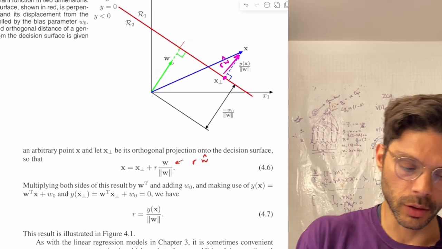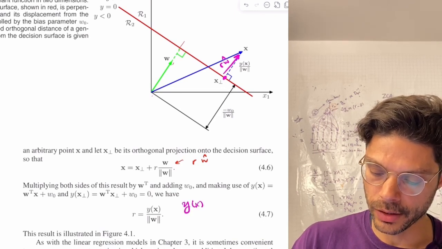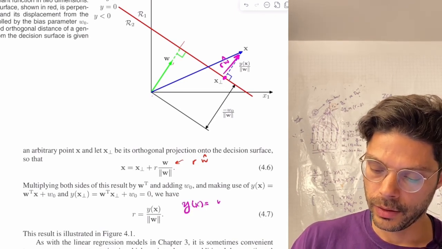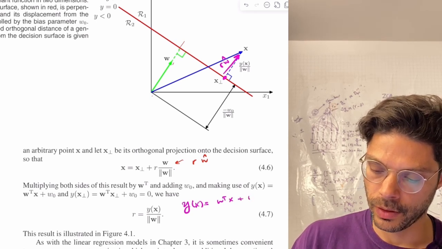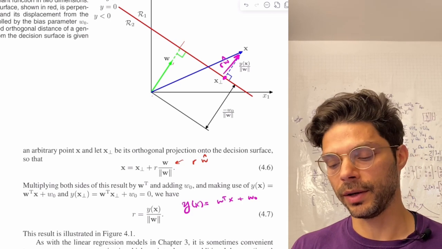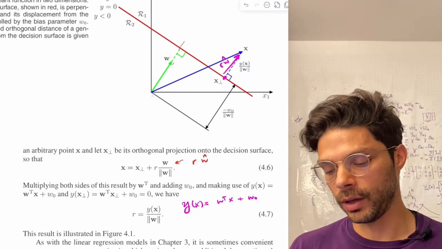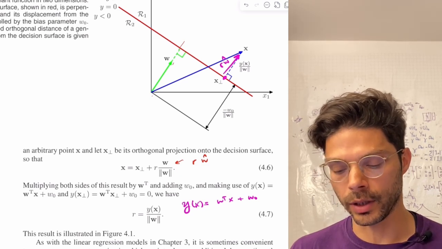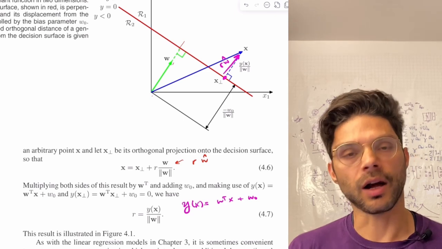Going back to this point, you've got y of x equal to w transpose x plus w naught. To figure out how far x is, you have to project it onto w and normalize appropriately. That's essentially what we're getting here. It's just that we have this constant offset term.